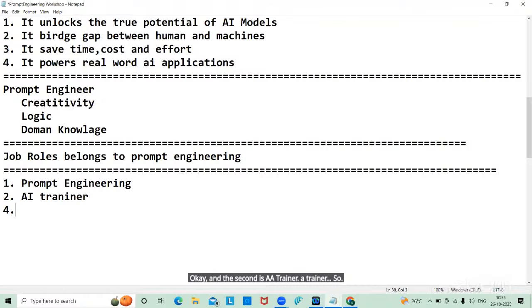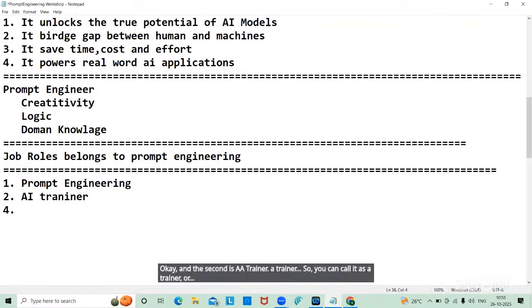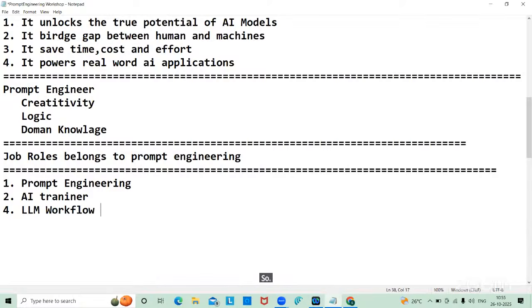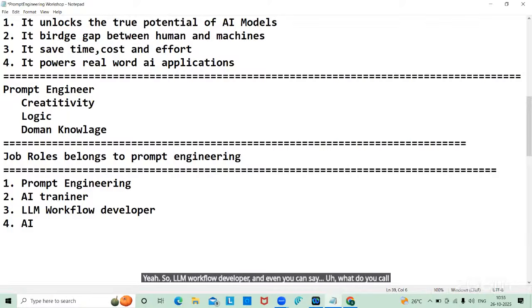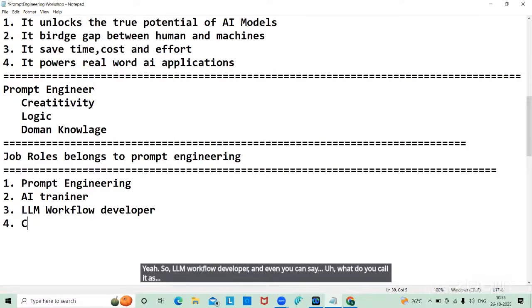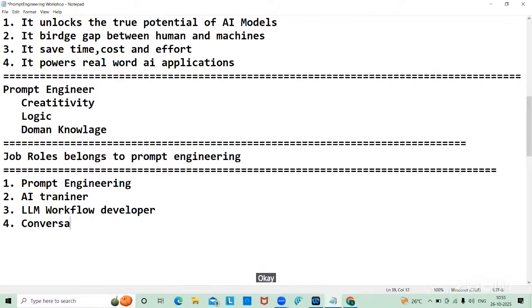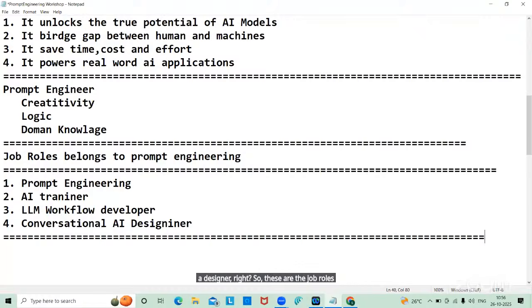You can also call it LLM workflow developer, and even conversational designer. All these are different job roles you find, right? So these are the job roles belonging to prompt engineering.